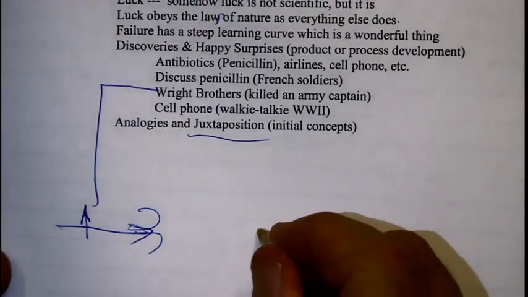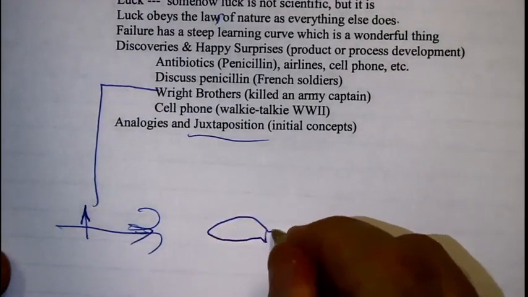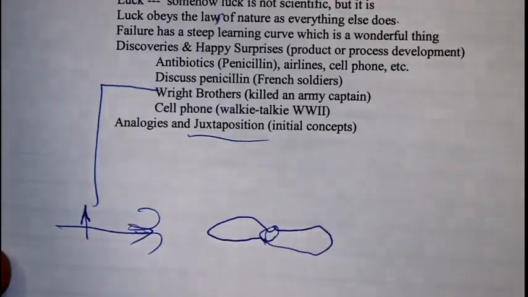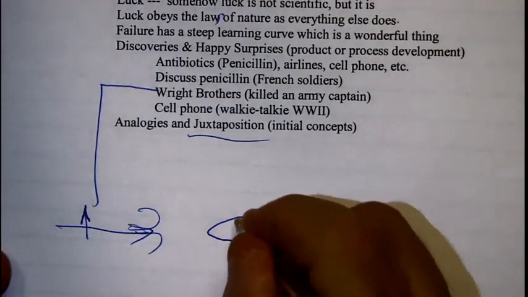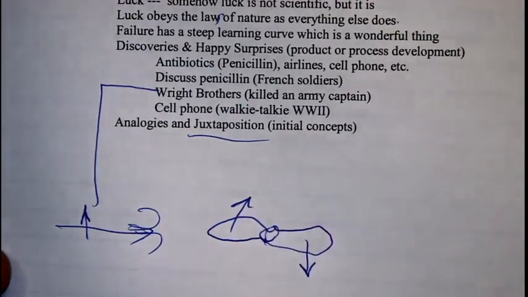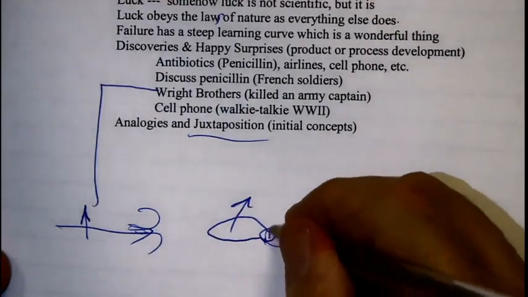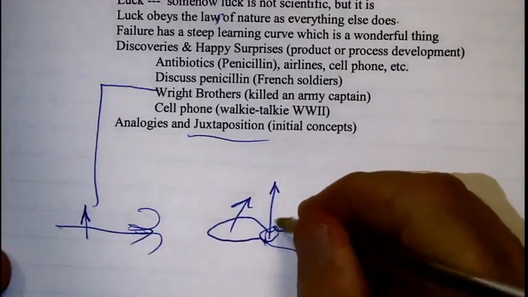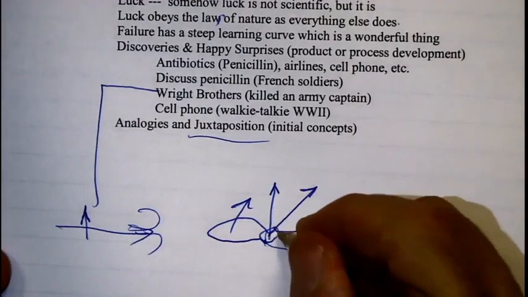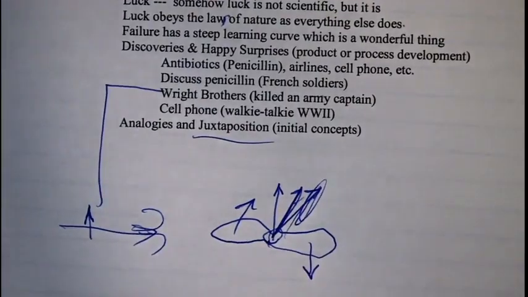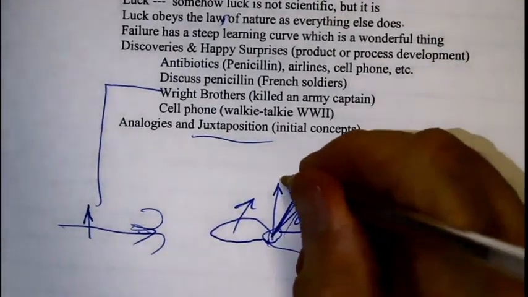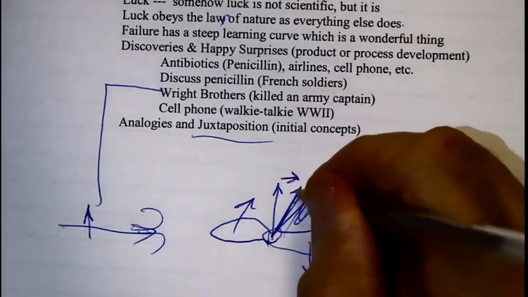So they sat around watching birds fly. So you have this bird here, and they noticed that birds turn by lowering this wing and increasing that wing. And what that did was change the lift vector from here to here, or here actually. And as a result, they had a turning vector up here of sorts.